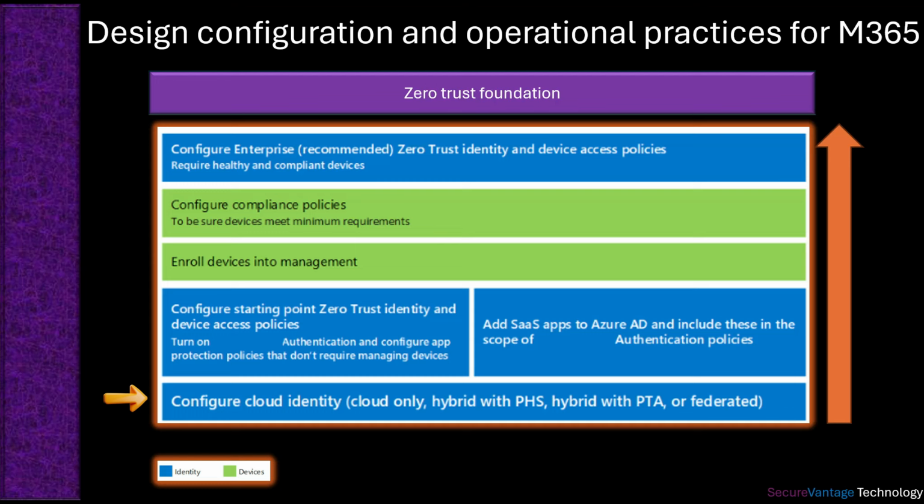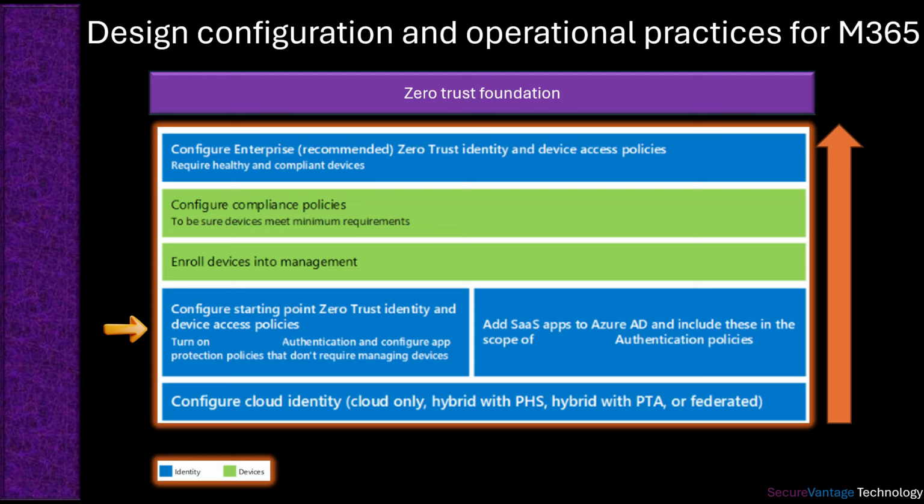There are different use cases that determine whether you should go for PHS or PTA. For Identity Federation, you end up setting up Active Directory Federation Services, which demands additional infrastructure, and such config is needed in specific use cases. Understanding your identity infrastructure is key, and ensuring that you have the right mechanism for identity security is crucial.